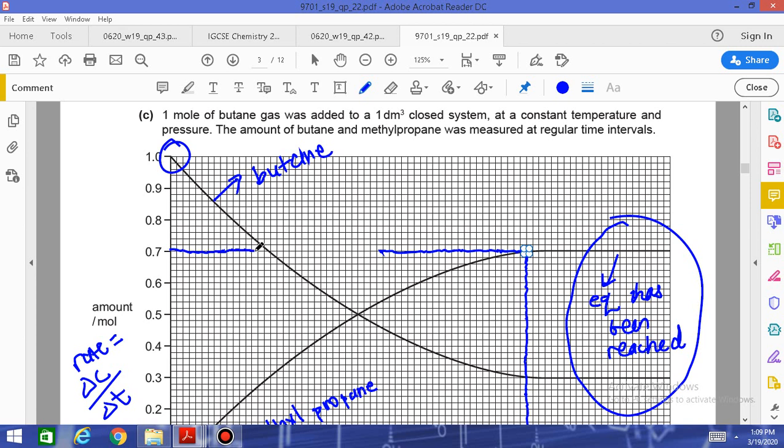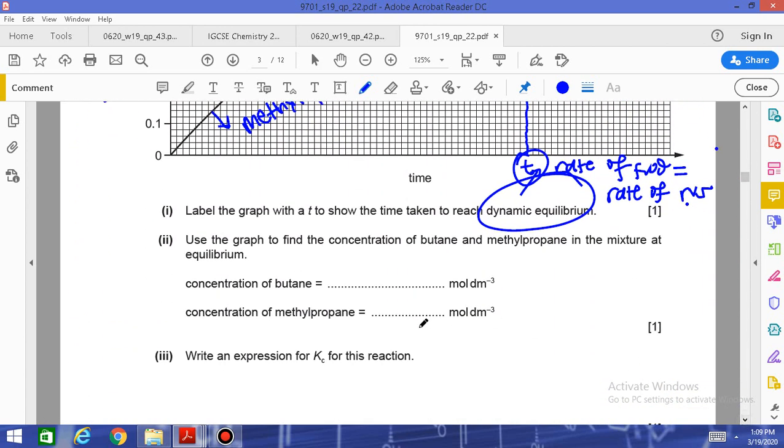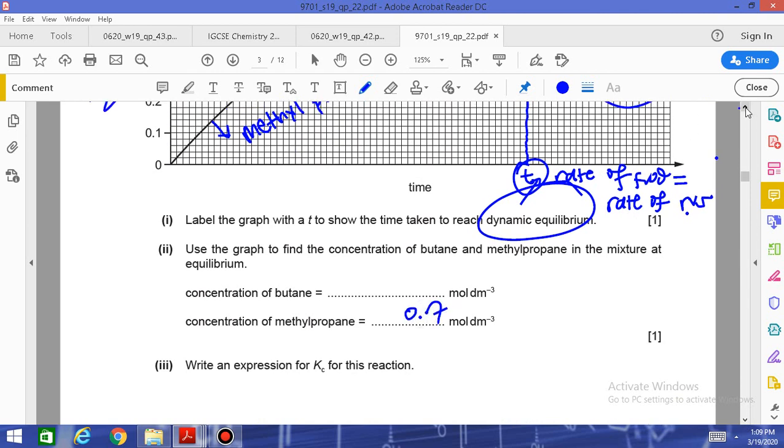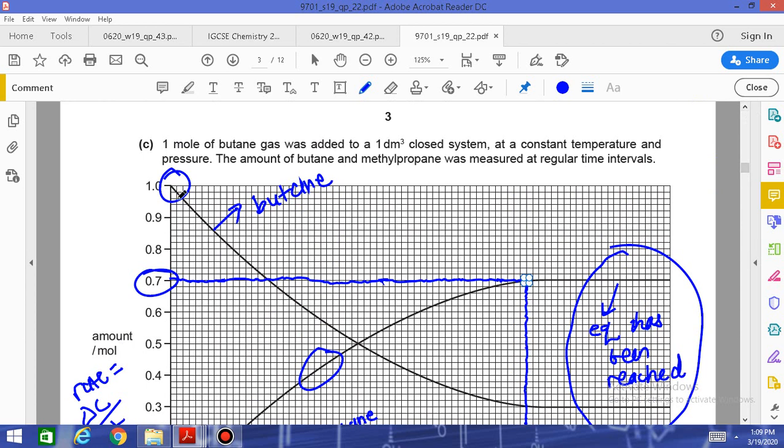Oh sorry, so this is the concentration of methyl propane at equilibrium, right? So 0.7. While the concentration of butane at equilibrium, see the horizontal straight line here.